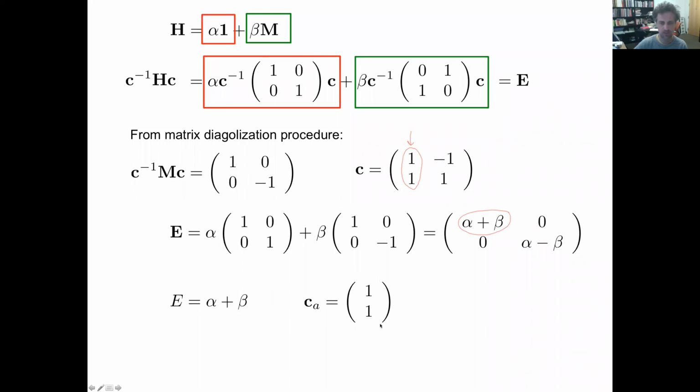From this we can now construct what the molecular orbital wave function looks like. And the same is true for the other solution, alpha minus beta. That's the second eigenvalue, which is associated with the second column. That will be Cb, where the first coefficient is minus 1 and the second coefficient is 1.